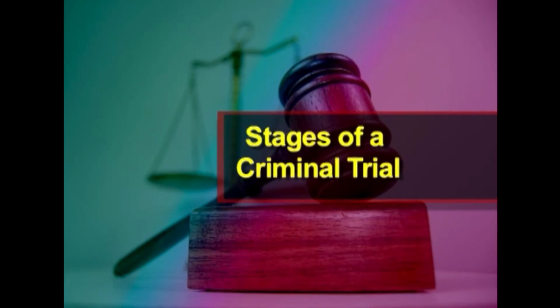Stages of a criminal trial. A criminal trial is set in motion by the filing of an FIR, or a first information report. This is known as the pre-trial stage, and the police carry on their investigation. A criminal case reaches a court only after the investigation is complete and a charge sheet is filed.